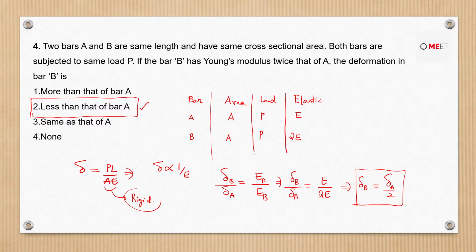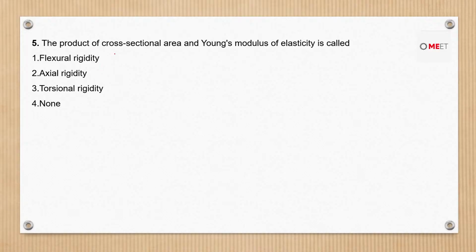Moving to the next question. The product of cross-section area and Young's modulus, A into E, is associated with axial loading. So this is referred to as axial rigidity.